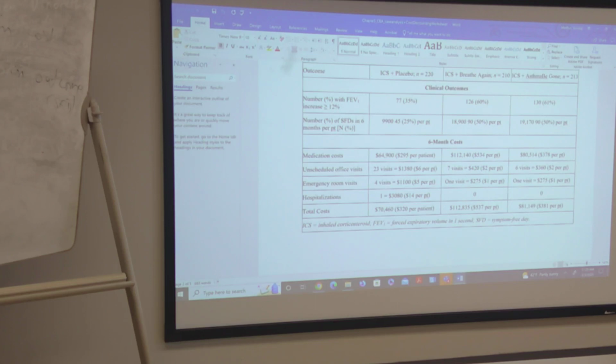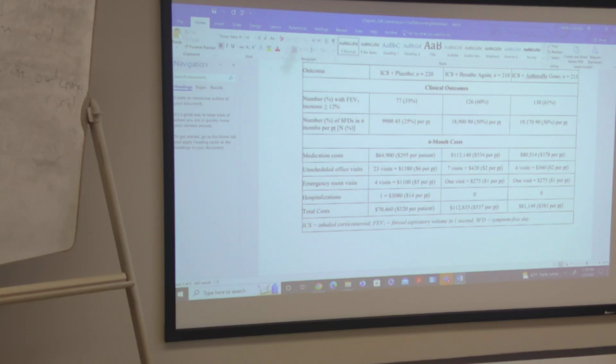So you take cost per patient was 320, right? 320 divided by 0.35 will give you 914.